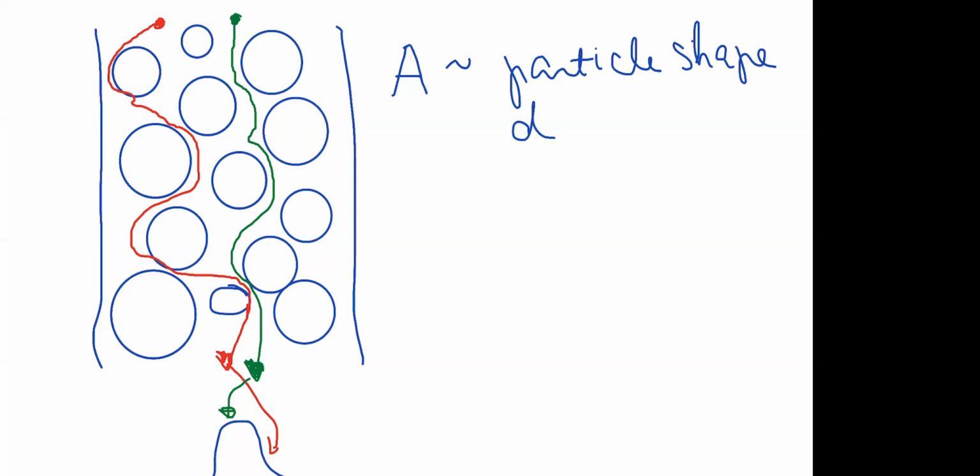The larger the particles are, the more likely it is that the paths of the molecules of the same compound will be vastly different. So the smaller the diameter of these particles, the smaller will be the effect of the eddy diffusion, so the less different will be the paths of the same molecule through the column.